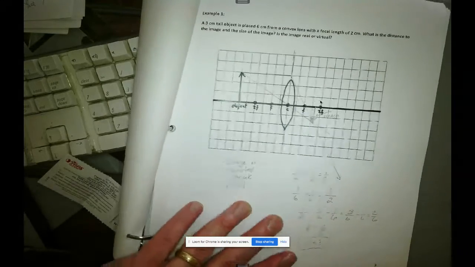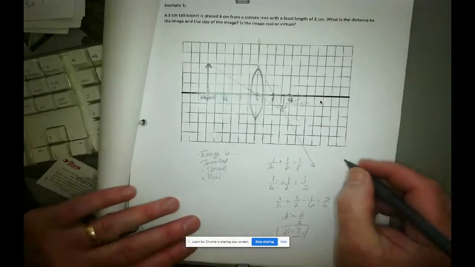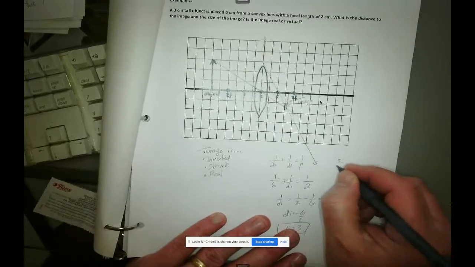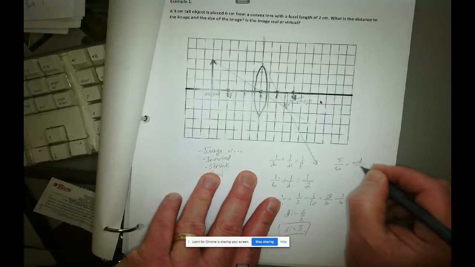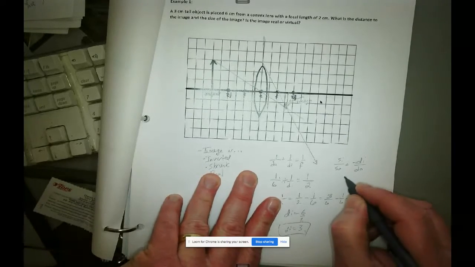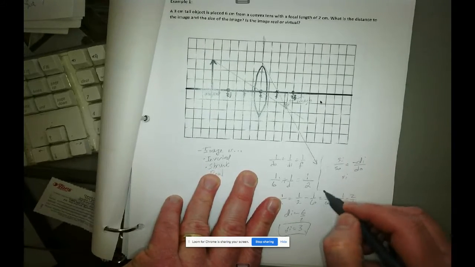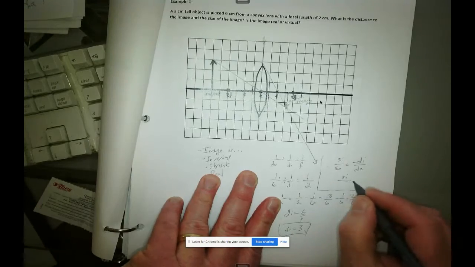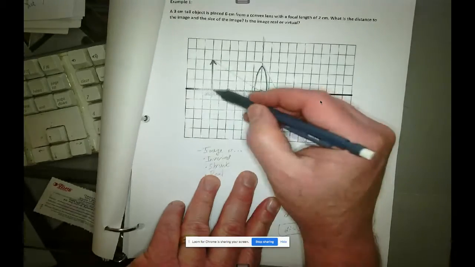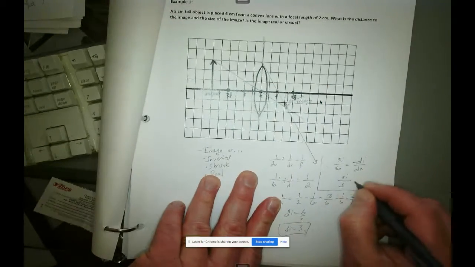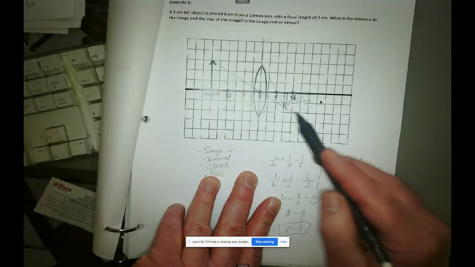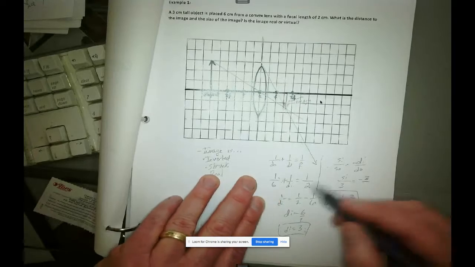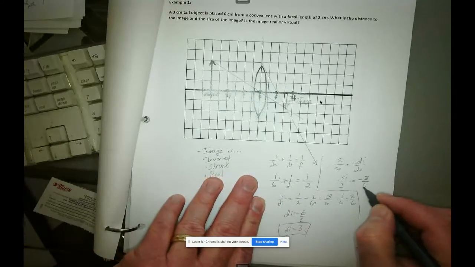Now, for the size, sI over sO is minus di over dO. So sI, size of the image, is what we're looking for. The size of the object was 3, equals minus di, we found was 3, and dO was 6.